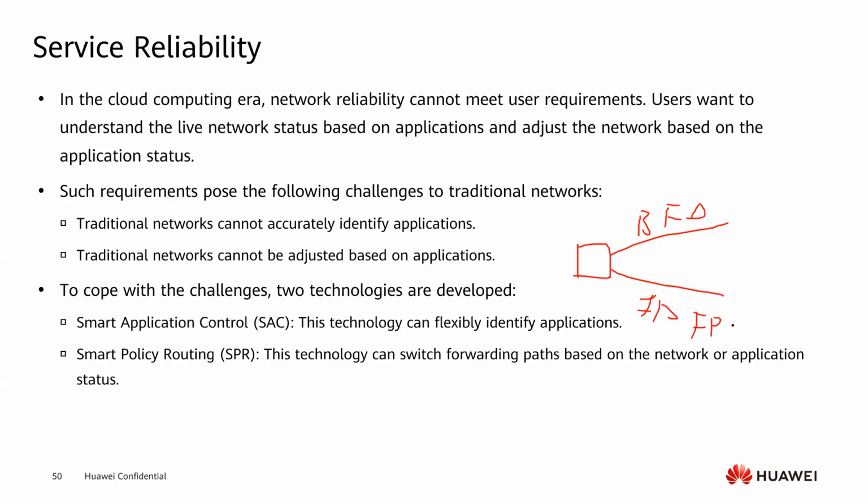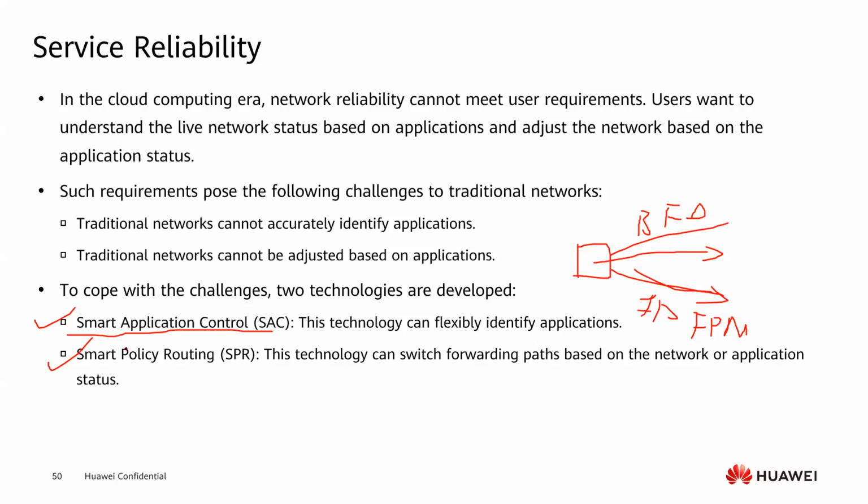Now we need to decide: should the services run on this connection or on that connection? Which connection should I choose? Here are some technologies that can help us solve this problem. One is SAC, another is SPR. SAC is short for Smart Application Control.